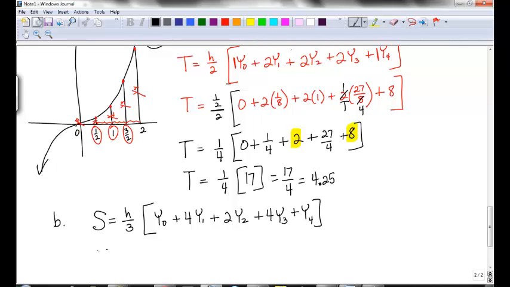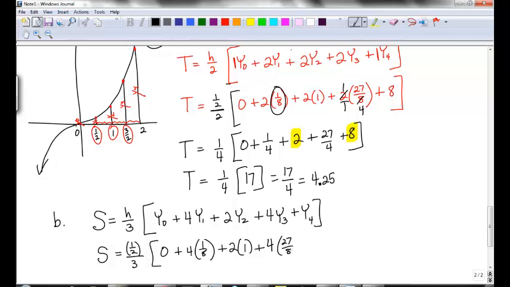And we already calculated the y's up there, so the h we said was 1/2, divided by 3. My y sub 0 was 0. My y sub 1, I can tell up here, was 1/8. My y sub 2 was 1. My y sub 3 was 27/8, right? And my y sub 4 was 8.